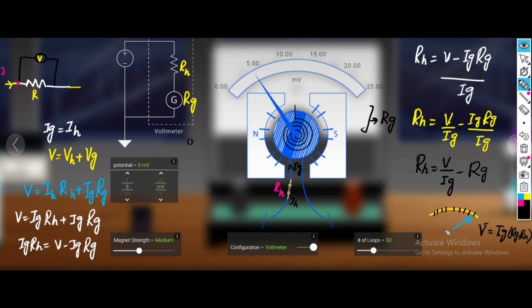So the deflection of the pointer in this voltmeter is not due to the voltage but due to the current, and if we multiply that current with the resistance of the voltmeter, we call that the voltage.